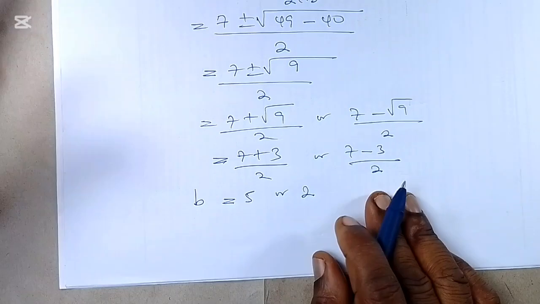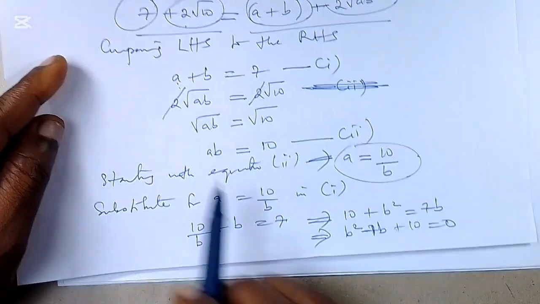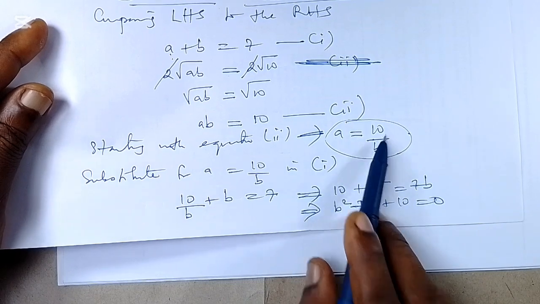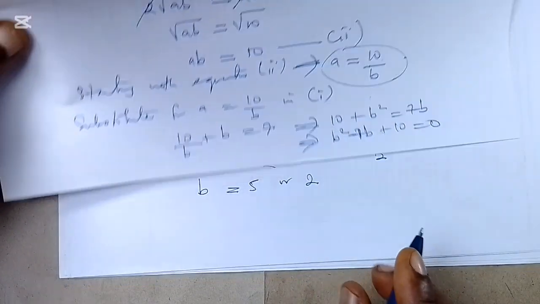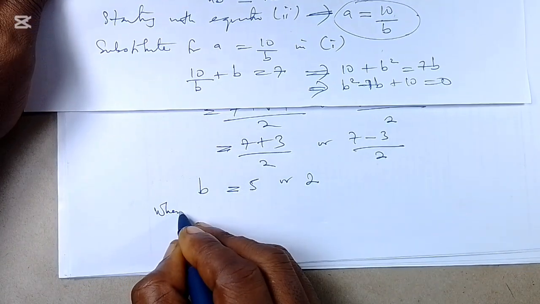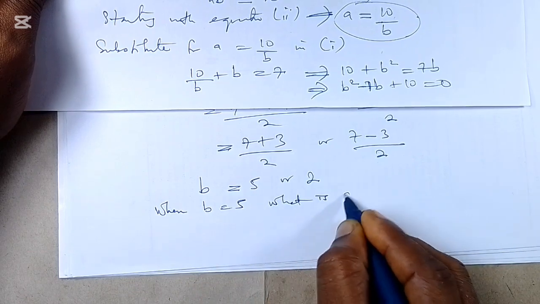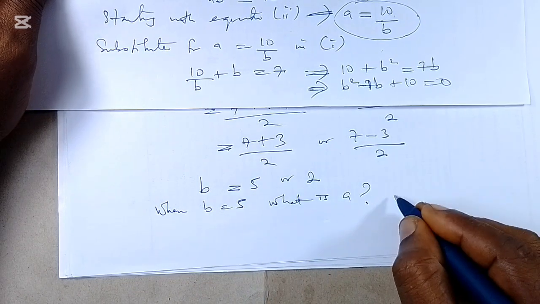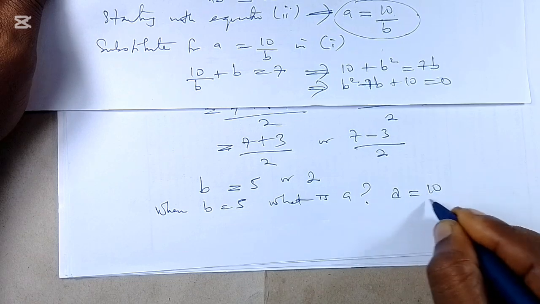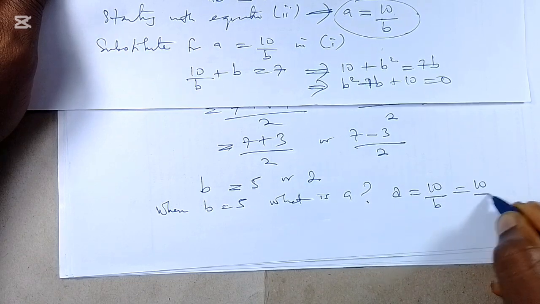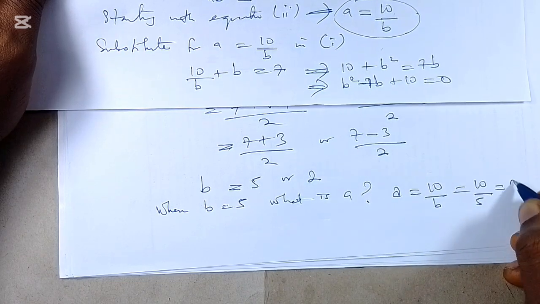Now, please take note that we had said earlier on that A is equal to 10 over B. So when B is equal to 5, what is A? Now, A will be 10 over what B is, 5, meaning that your A will be 2.